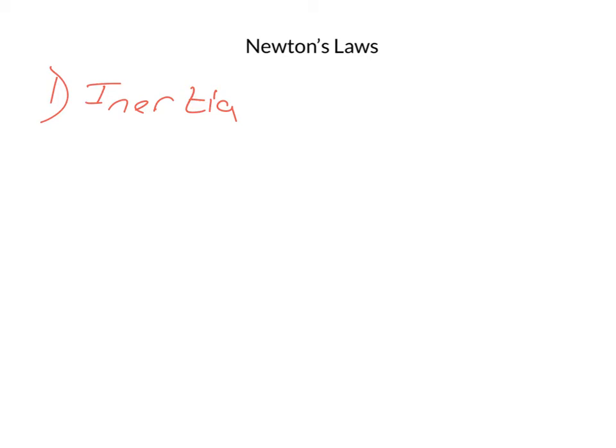An object at rest tends to stay at rest unless an outside force acts upon it. So if a car is moving, it's going to keep moving unless a force acts upon it. Yes, a car will eventually slow down because of friction. If a fridge is at rest, it's going to stay at rest until somebody pushes it. So that's Newton's first law, and we'll get into it mathematically in just a little bit. Newton's second law is probably one of his most famous equations, and that is F equals ma.